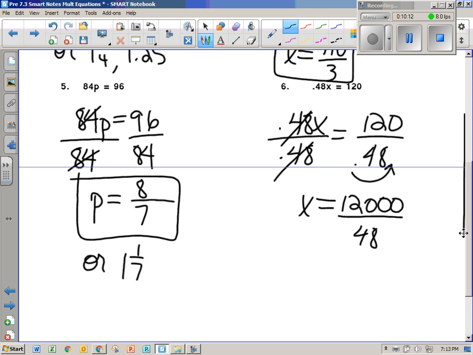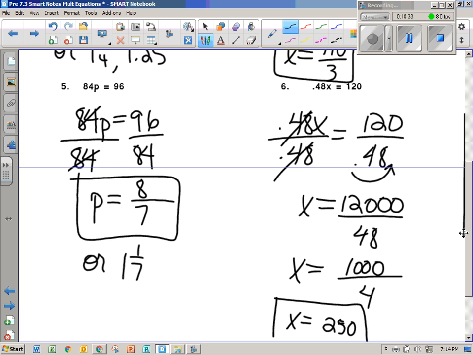And both of these are divisible by 12, so always think about simplifying. Get a 4 here. 12 into 12,000, of course, is 1,000. And then 4 into 100 is 25. So into 1,000 is 250.